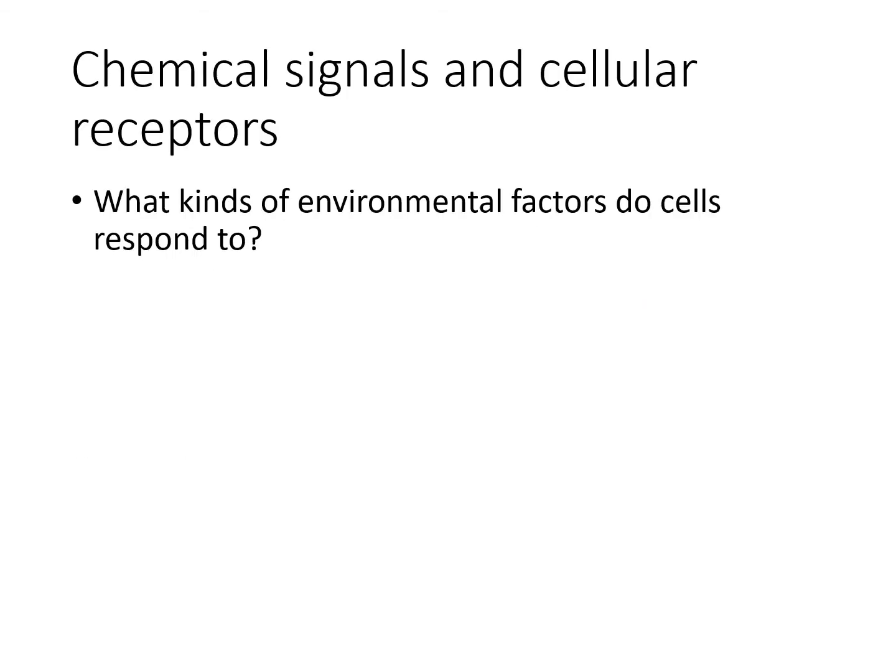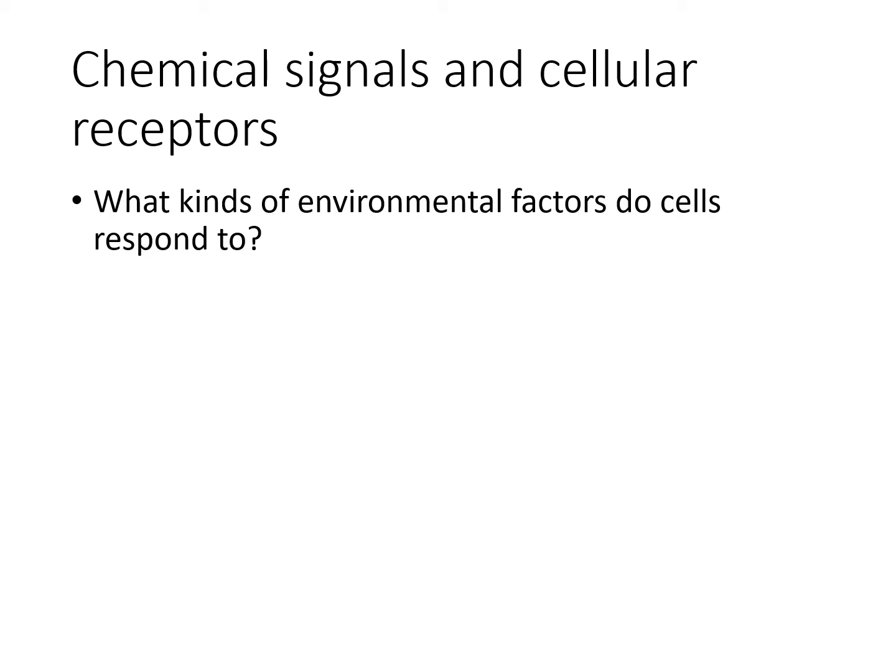The main question that you have to ask yourself is what kind of environmental factors do cells respond to? For example, some cells can respond to the level of glucose. Some cells respond to the level of insulin. Some cells respond to the concentrations of oxygen or carbon dioxide.